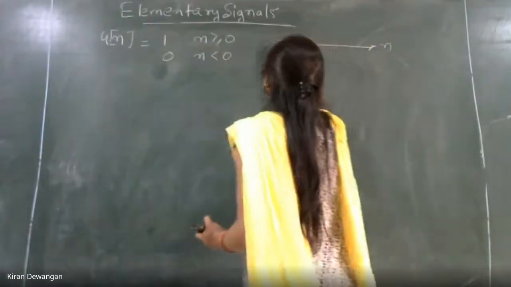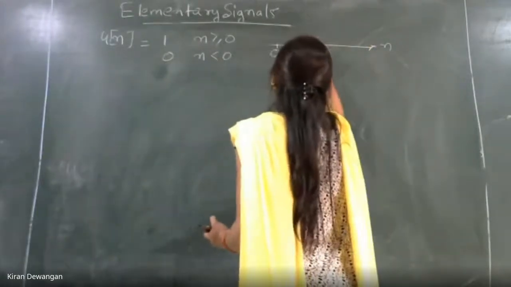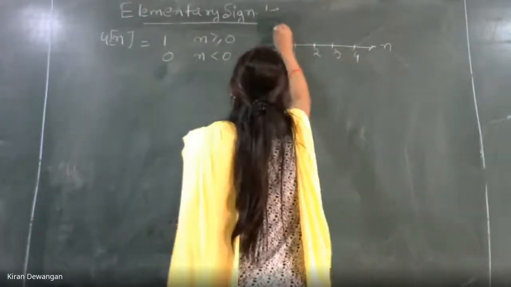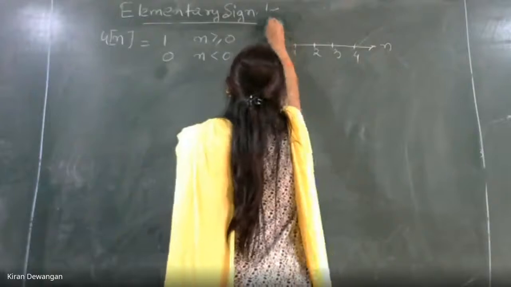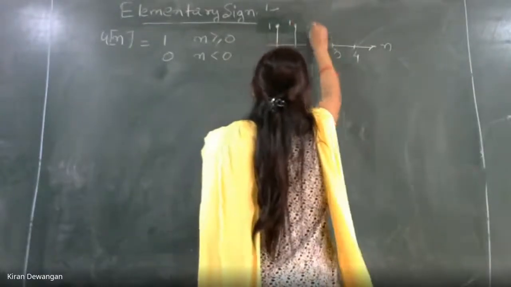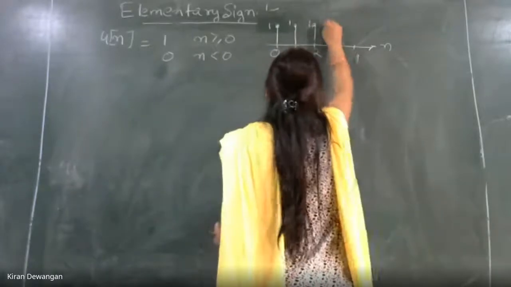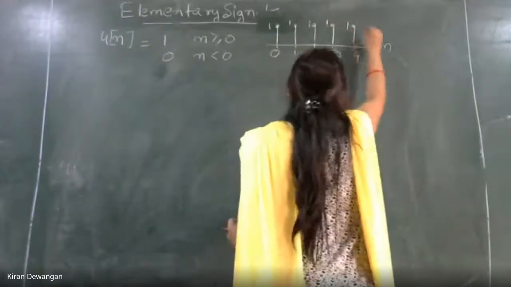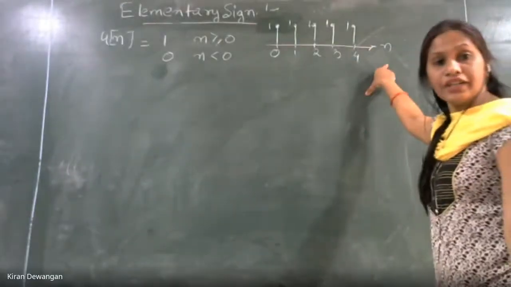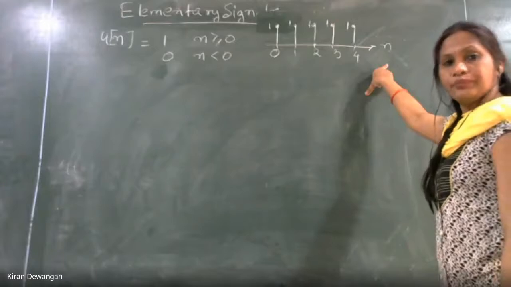This is n: 0, 1, 2, 3, 4. At 0 the value is 1. At 1 again it's 1, 1, 1, 1 and it goes on. This is how our discrete u of n is plotted.